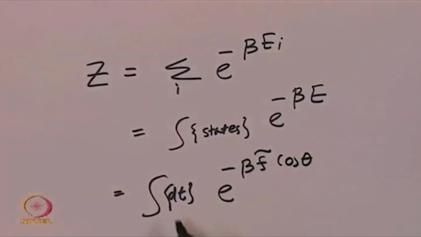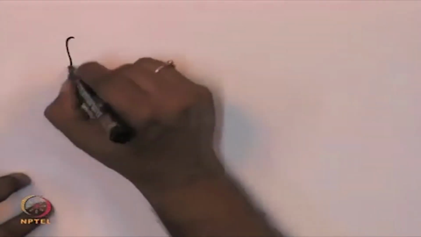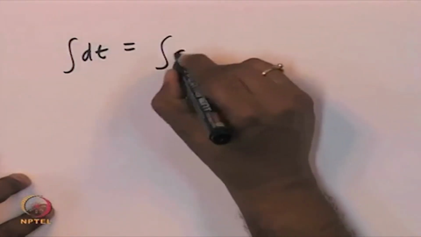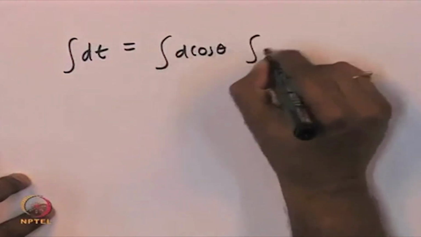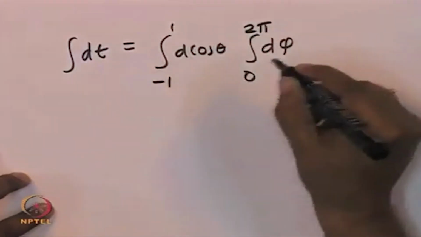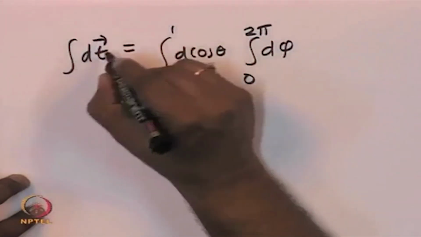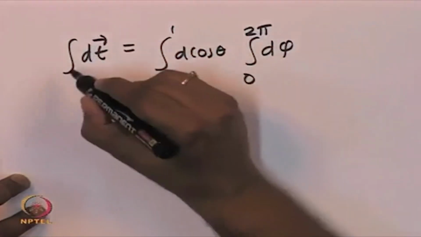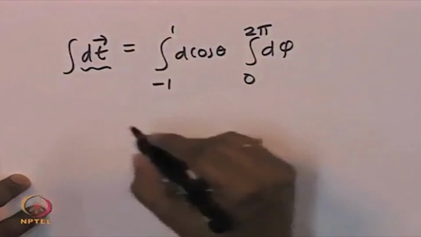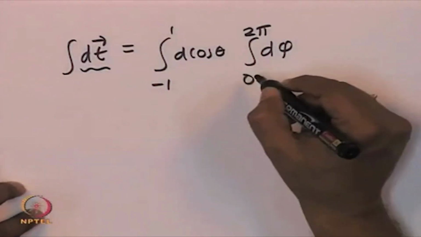And it turns out that like we did before, this dt integral can be written as integral d cos theta from minus 1 to plus 1, integral d phi from 0 to 2 pi. This is basically converting the volume element in 3D into spherical polar coordinates, where theta and phi are spherical polar coordinates.